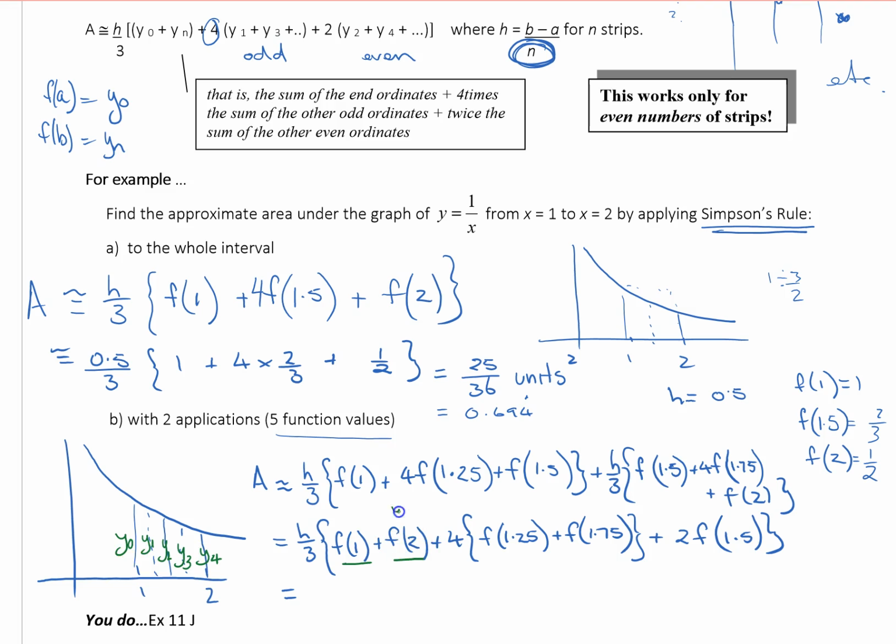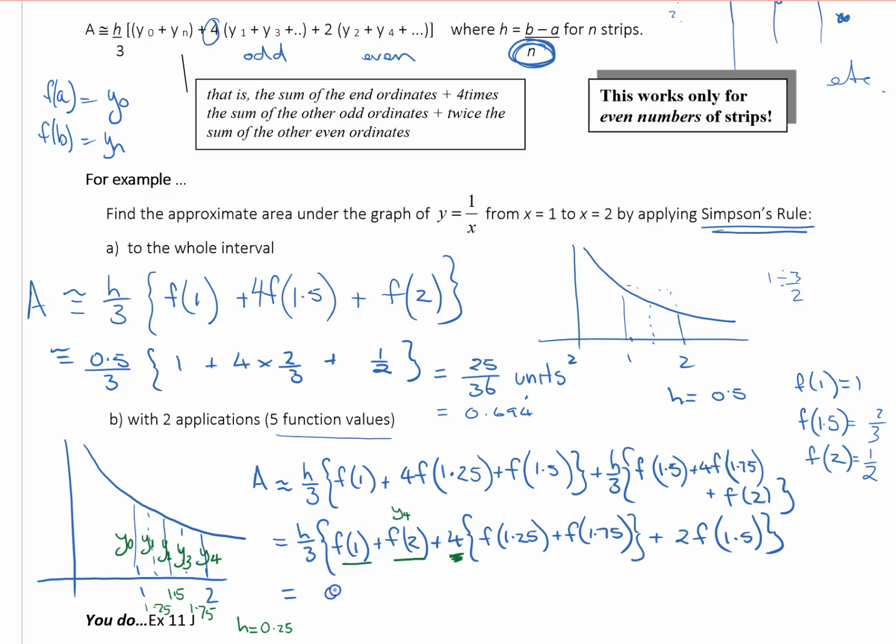Another name for f at 2 would be y4. We've then got 2 of them at the dotted line, so they're our odd function values, and they need to be multiplied by 4. We can see that this would be 1.5, and halfway between 1 and 1.5 is 1.25, and halfway between there is 1.75. That gives us h as 0.25. The distance between our values is 1/4.